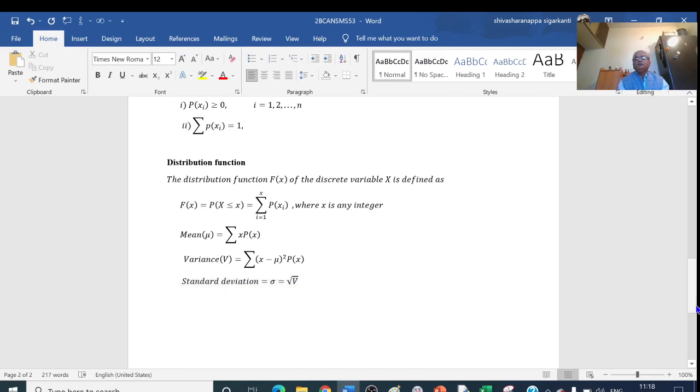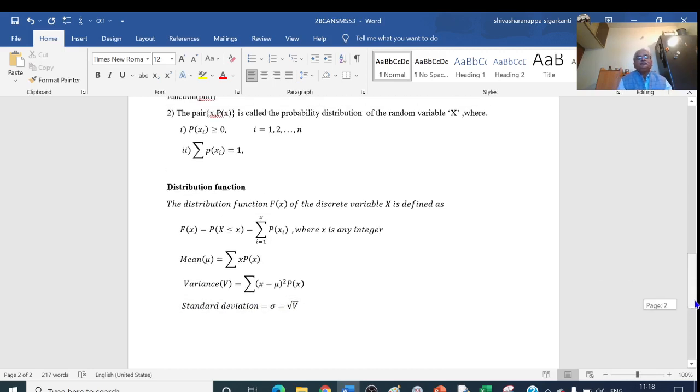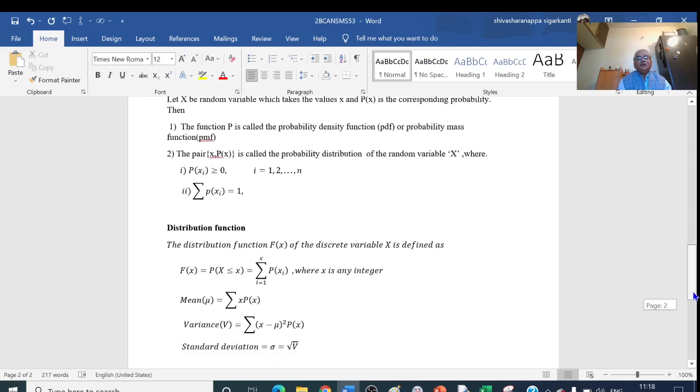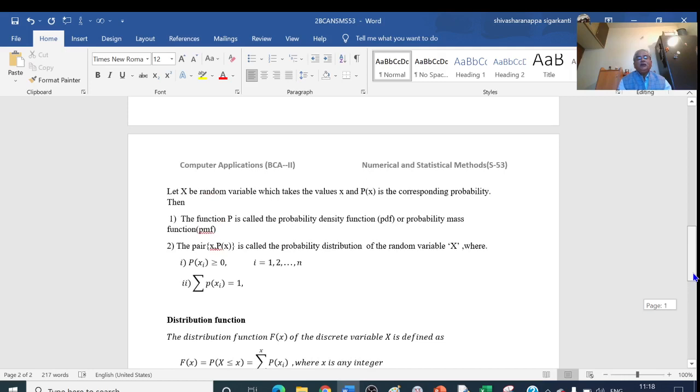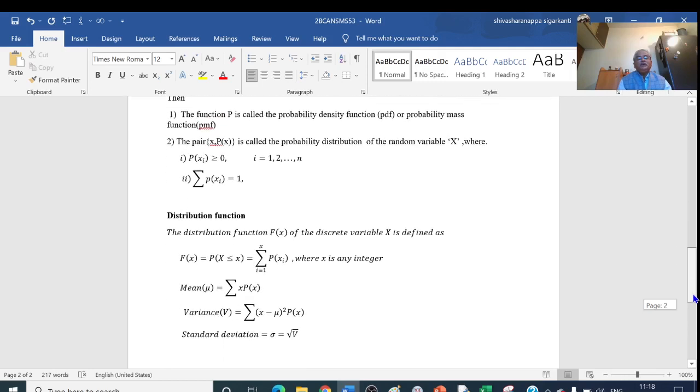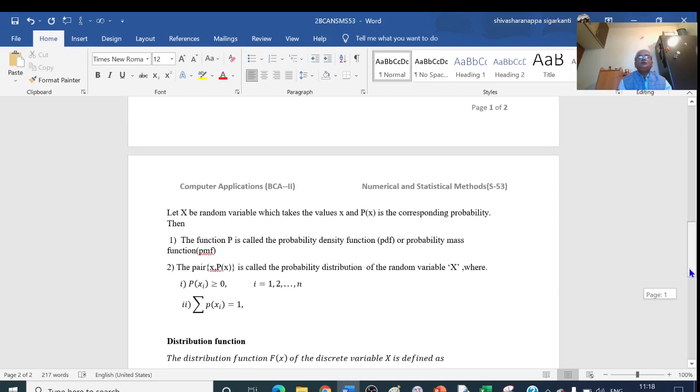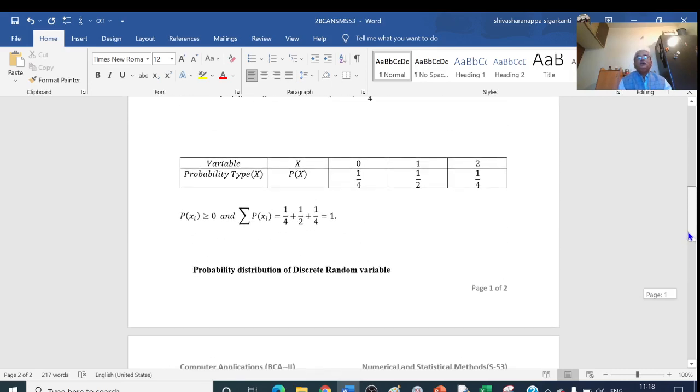So to find these quantities, suppose the random variable x is defined. Then to find the mean, variance and standard deviation, we have to get the possible values x can take. Then in the second row we have to write the corresponding probabilities.